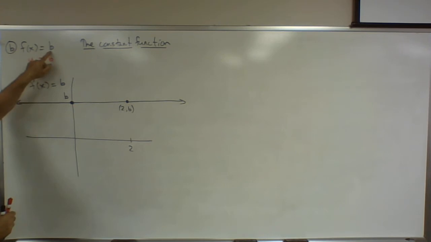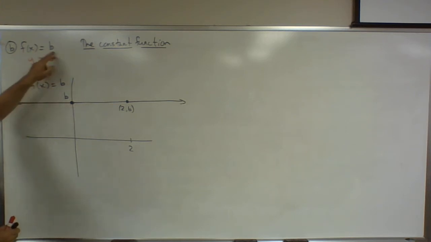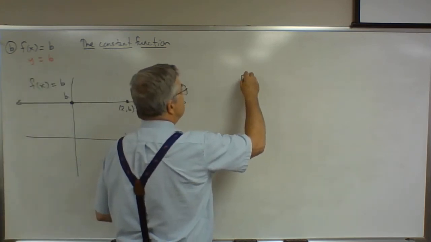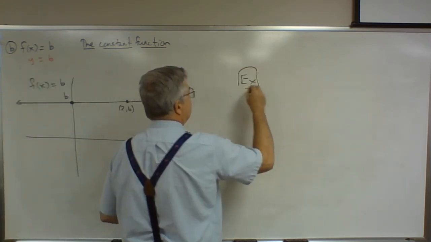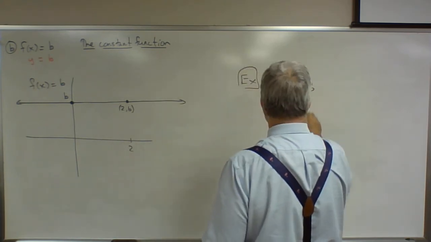This is the set of all points where y equals b. And that's just a horizontal line. So for the constant function, learn this. It's the horizontal line that goes through the point B. And as an example, f of x equals 3.